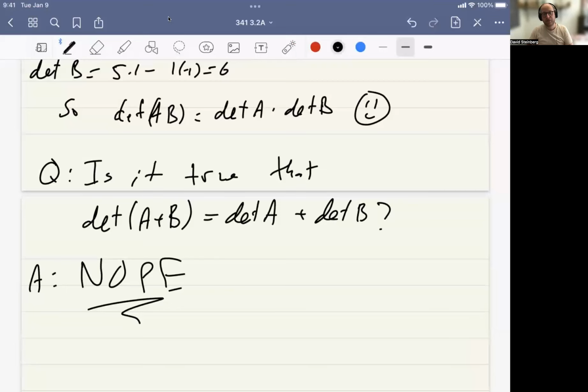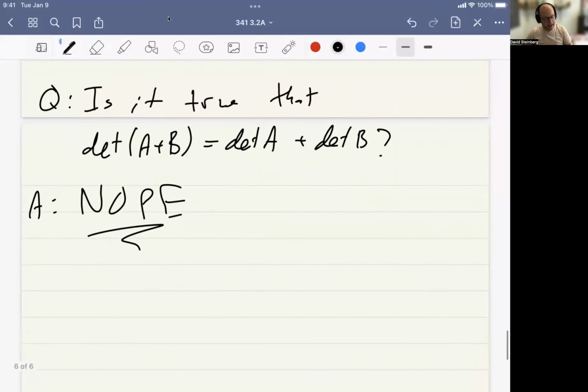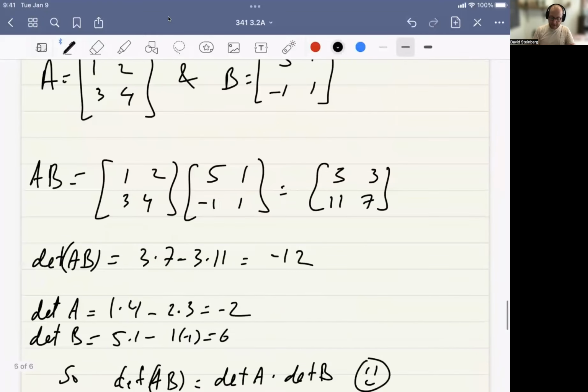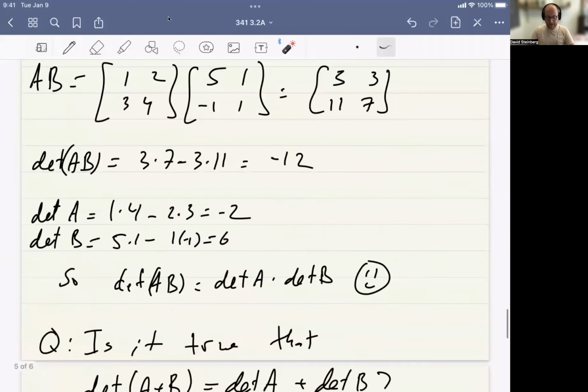Almost never. You'd have to work a little bit at least to find a situation where it's true. I'm not going to prove that, but we'll find an example where certainly the determinant of the sum is not equal to the sum of the determinants. So let's do the laziest possible thing, which is to reuse our computations of the determinant of A and B. We'll take A plus B and take its determinant and show you that it isn't equal to 4.